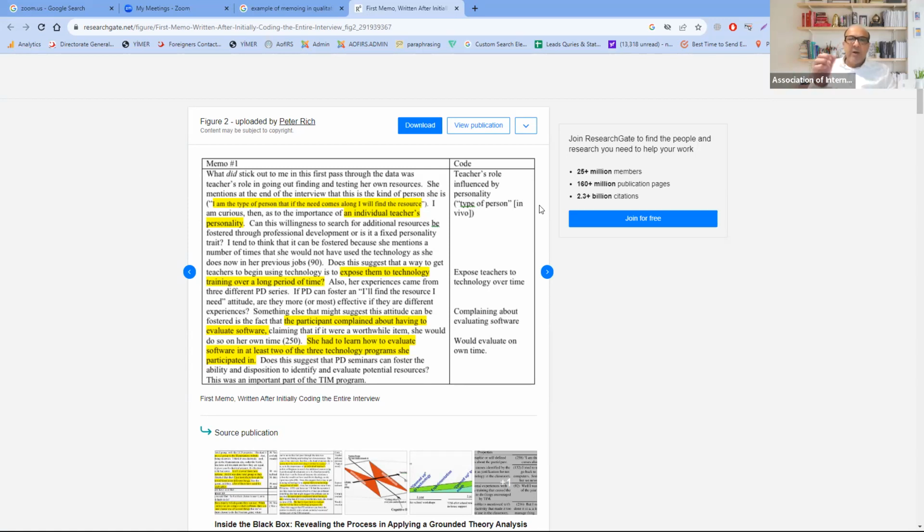Code in this sense is not a numeric code, it's just an expression of the objective of the information set that is more like a hashtag or a topic or something that can concisely define or identify with the longer or the detail that is corresponding to it or that is related to it. So, for example, the code means that you are looking for teachers' role influenced by personality.